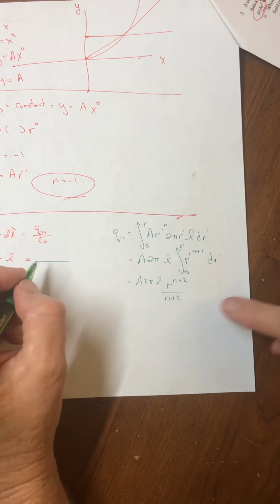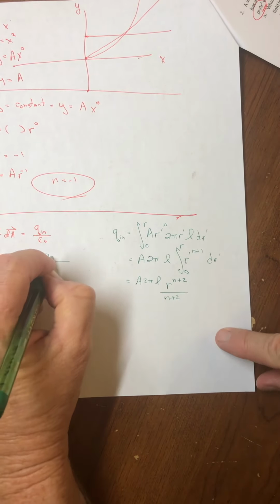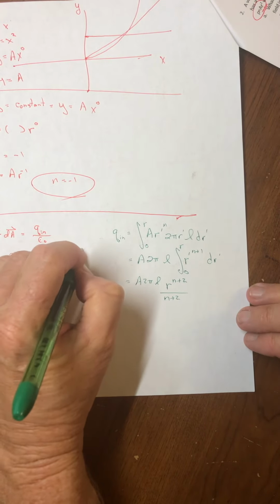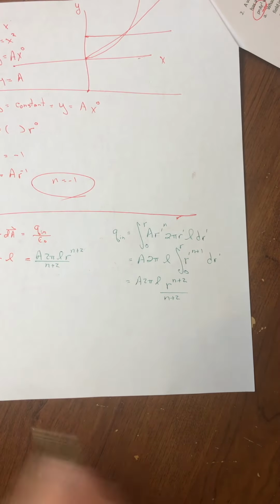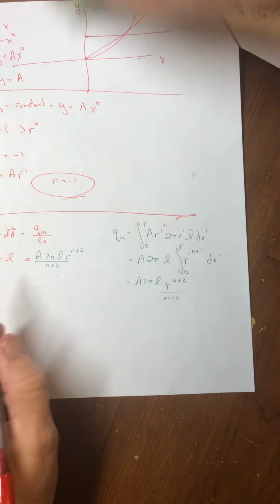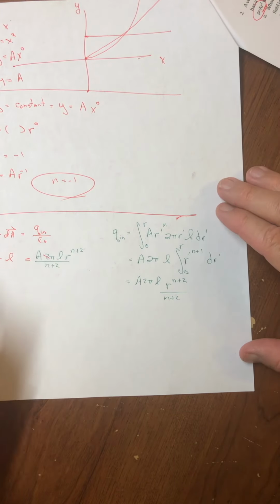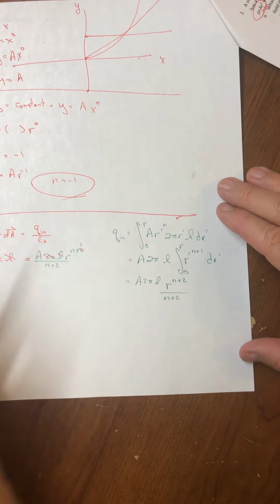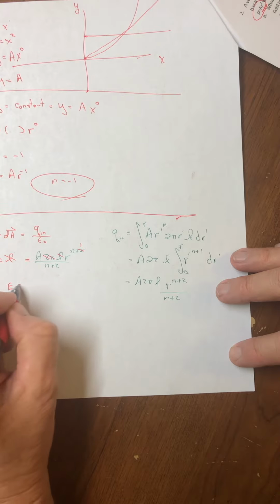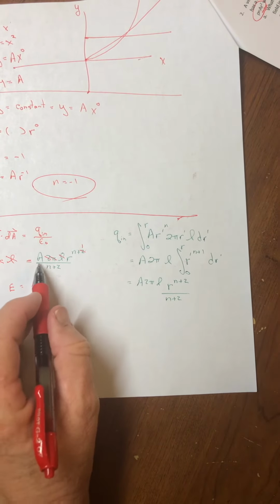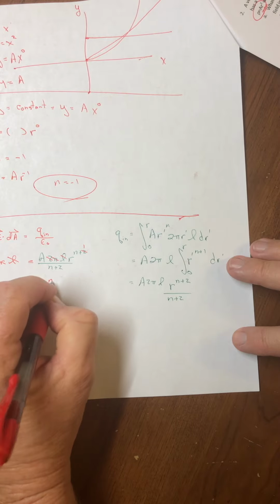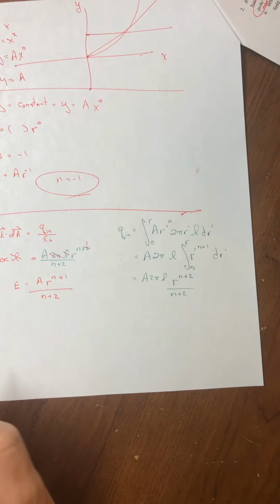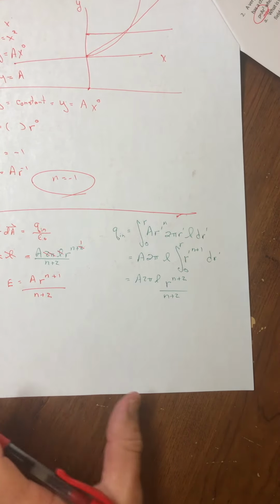So on this side of the equation, I would have an a, a 2 pi and an L, and r to the n plus 2 over n plus 2. Now when I start canceling 2's and pi's and L's and one of the r's, I would have a generalized equation that said it would be equal to a times r to the n plus 1 over n plus 2. You might call that a generalized solution.